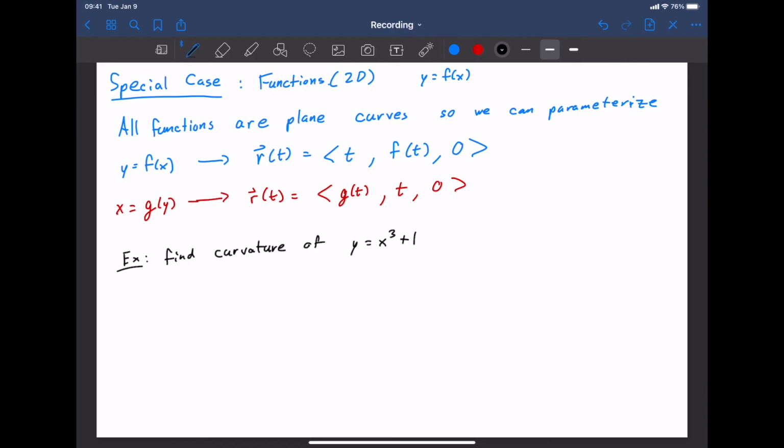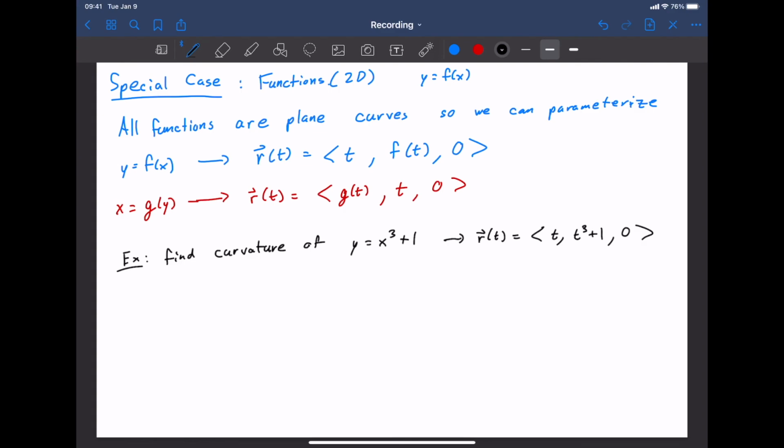So what you would do is parameterize it as a vector function. Instead of using x as the input, let's use t, and that would make the output t cubed plus 1. And because we're thinking of this as a function in the xy plane, the z coordinate's always going to be 0. Maybe I didn't say that earlier. I hope that makes sense.